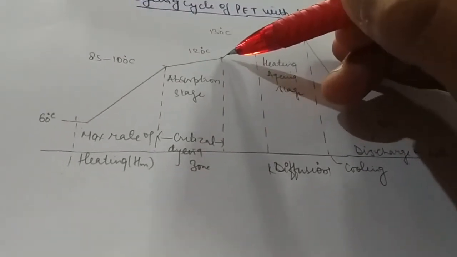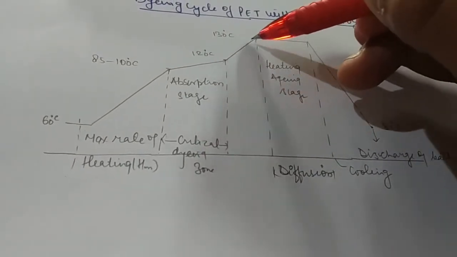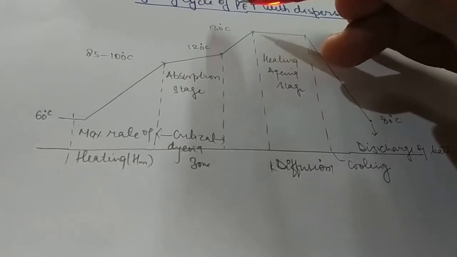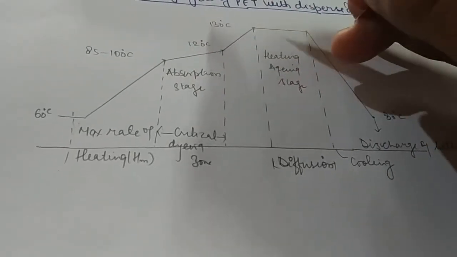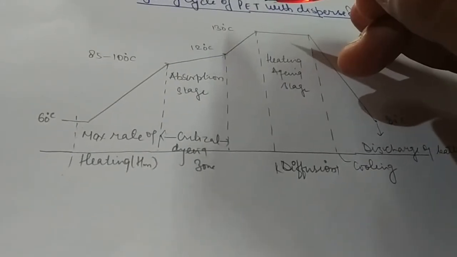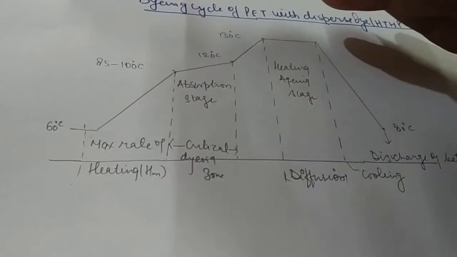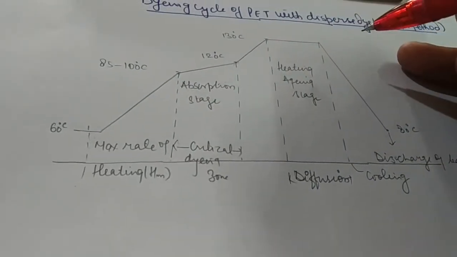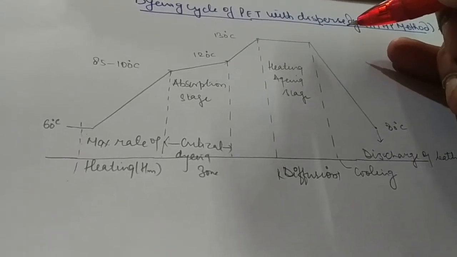So as we see, this increase in temperature is at a much higher rate, because it does not much affect the exhaustion of the dispersed dye on polyester fabrics. It just provides leveling of the shade as well as proper migration of the dye particles inside the fiber structure.